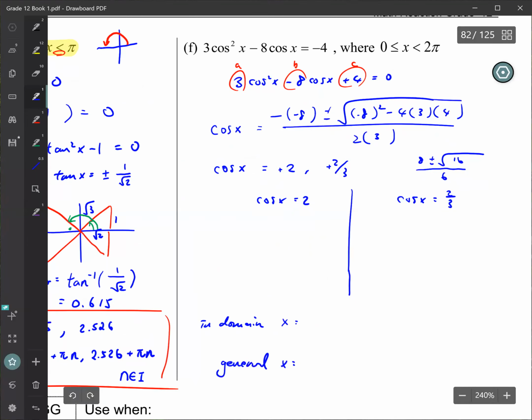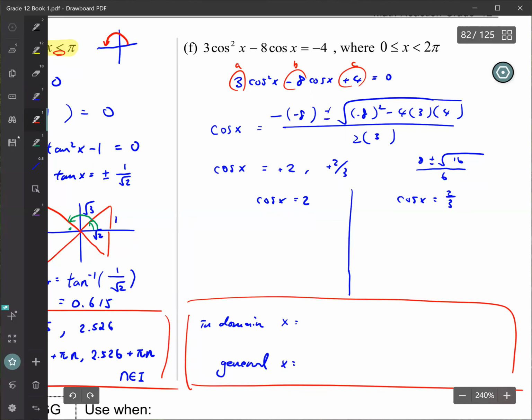So please complete the rest and raise up your hand when you finish.